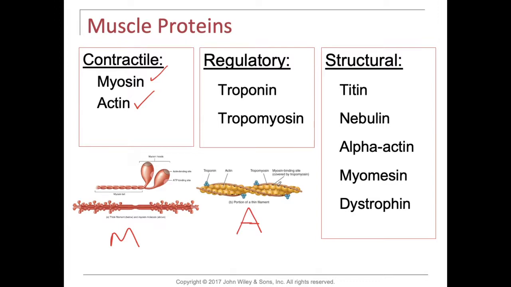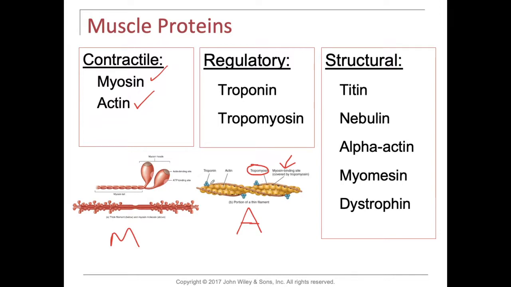And each circle has a binding site attached to it. And it's called a myosin binding site, right? These little black circles.